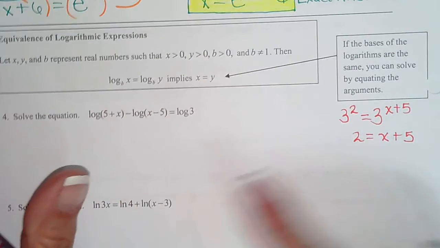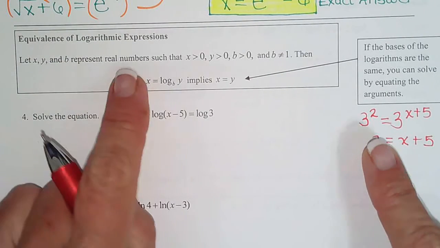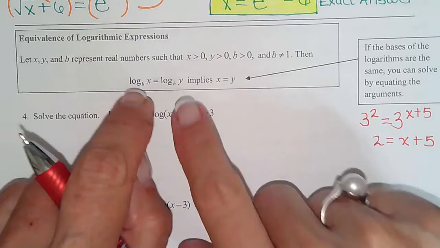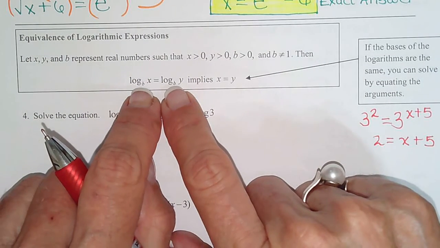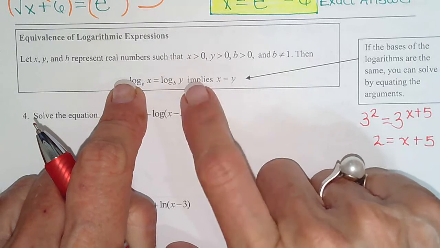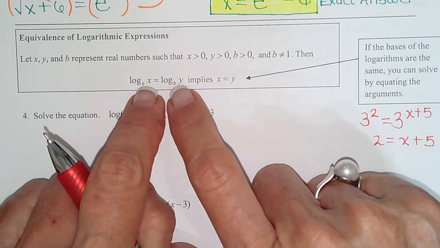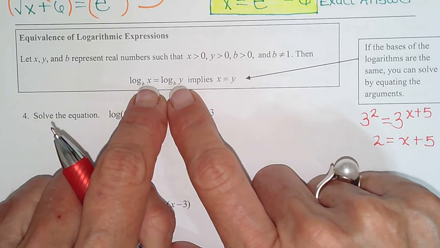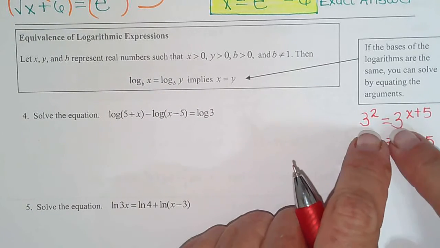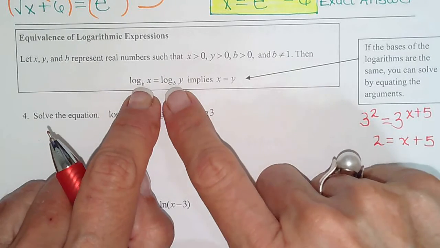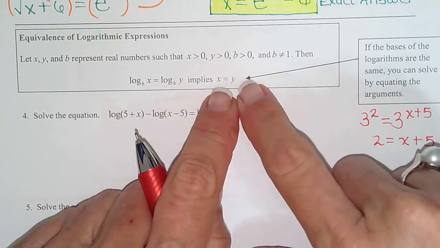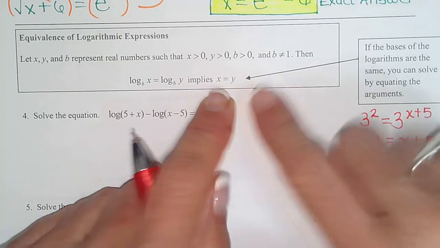Well, since exponents and logs are inverses, they share some of the same properties. So this one says if the bases are the same, and you have one log on the left and one log on the right, you can solve by equating the arguments. So here we equated the exponents when the bases are the same. With logs, we equate the arguments when the bases are the same, and that's how we solve.